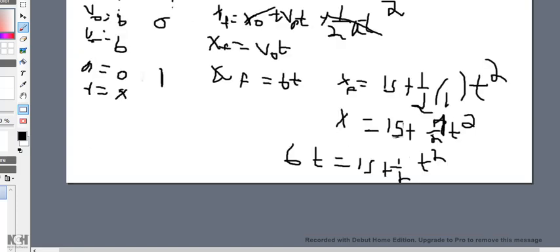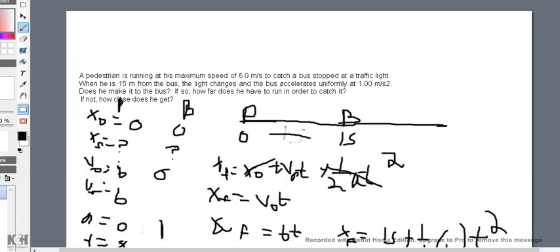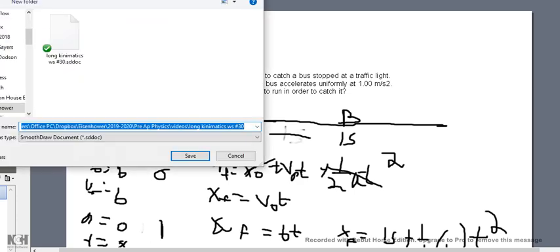Now that looks a little messy. I'm gonna start a new screen. Let me go ahead and save this one. I'm gonna save it as number 57. Smooth draw. Smooth.